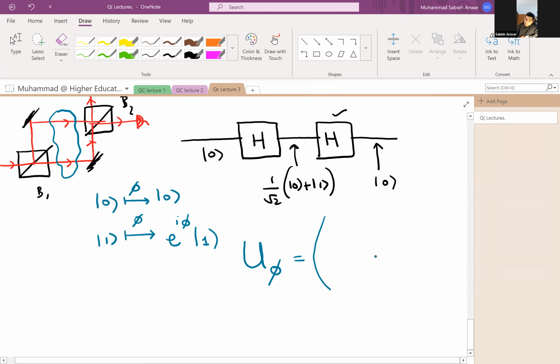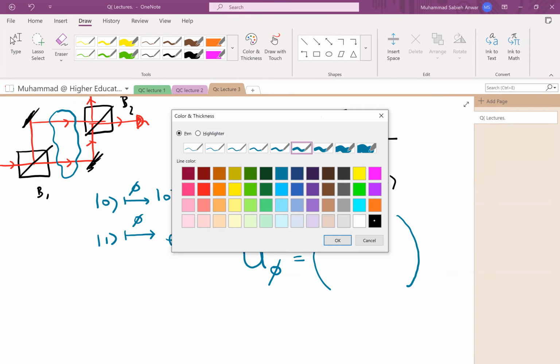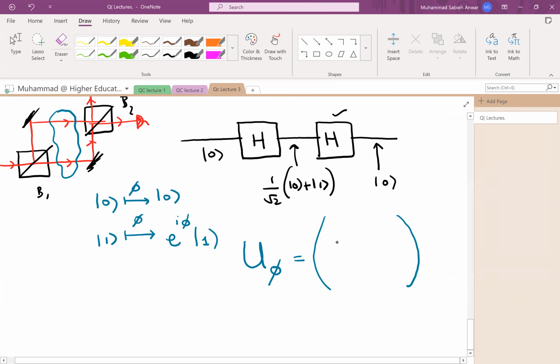Can anyone just tell me what that matrix is going to look like? Yes, please. 1, 0, 0, e to the i phi. e to the i phi. Exactly. This is what the phase gate does.